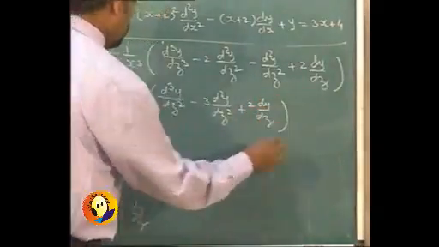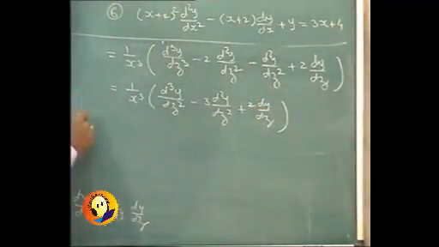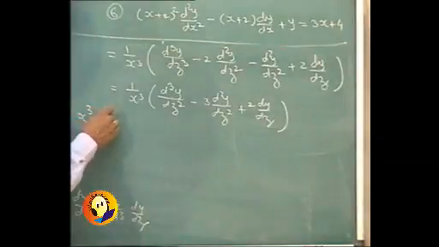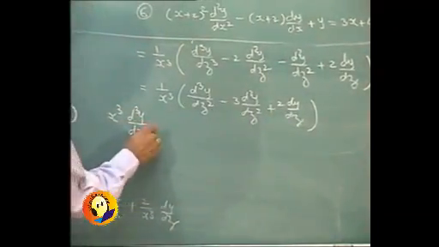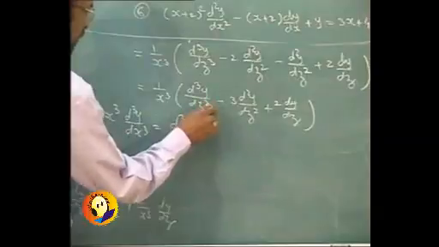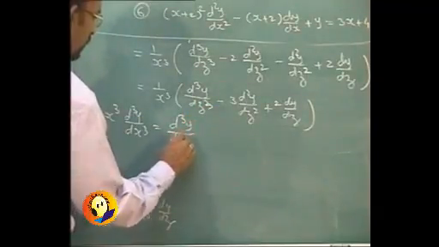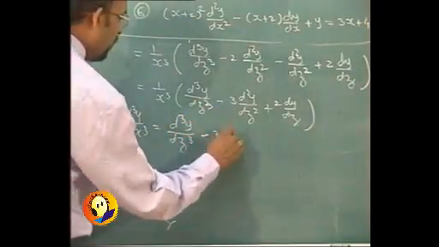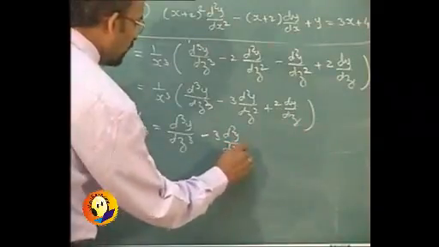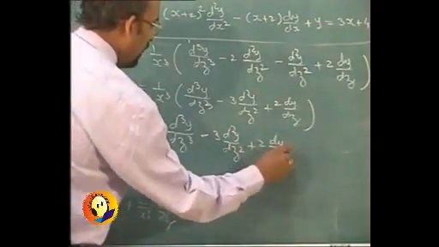And in the capital D form, when you take it on the left hand side, it will be x cube d cube y by dx cube equal to d cube y by dz cube minus 3 d2y by dz square plus 2 dy by dz.